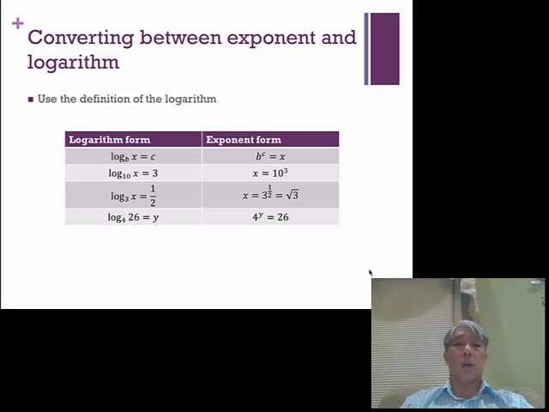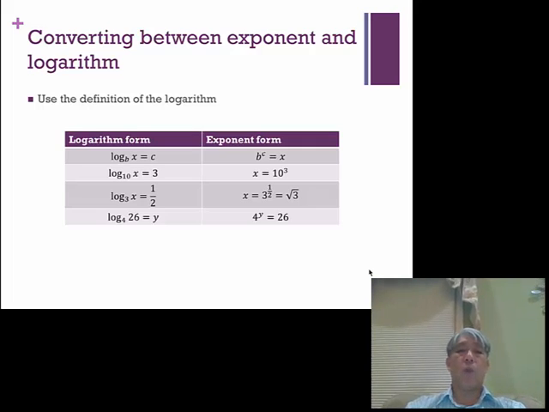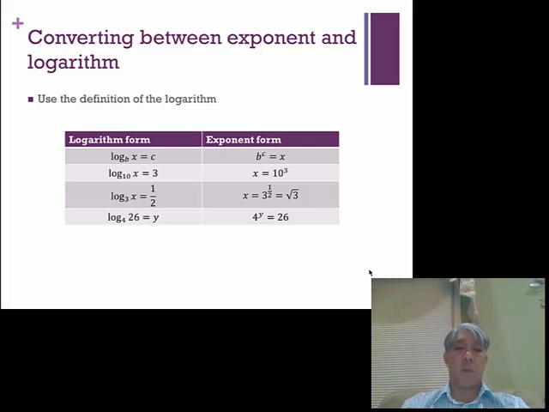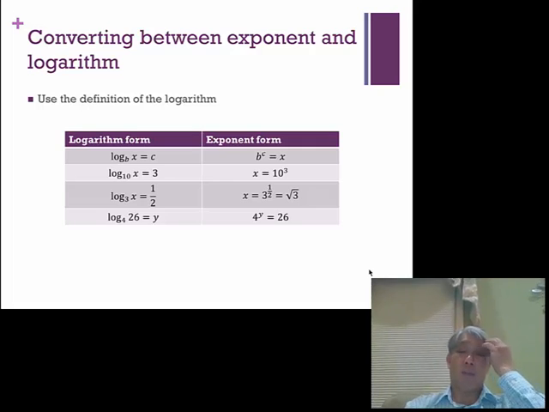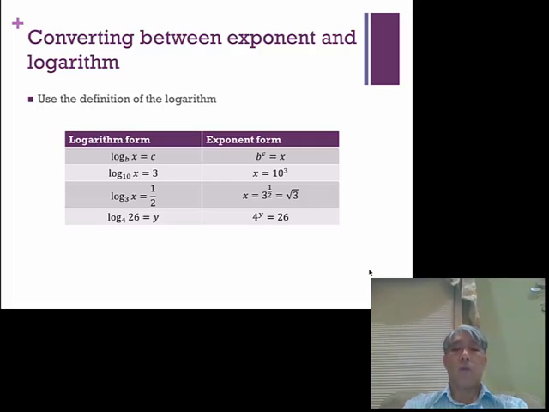Converting between the exponent and logarithm, we use the definition of the logarithm. Here are 4 examples. Log base b of x equals c, so we take b to the c equals x, and we do that for all of these situations. Remember though exponents of a half: in the third one we have log base 3 of x equals 1/2.